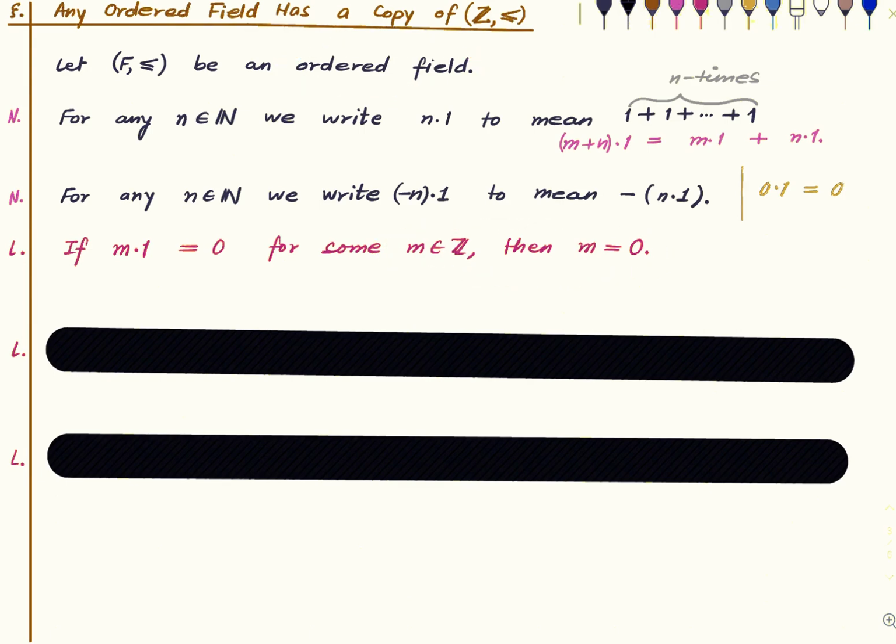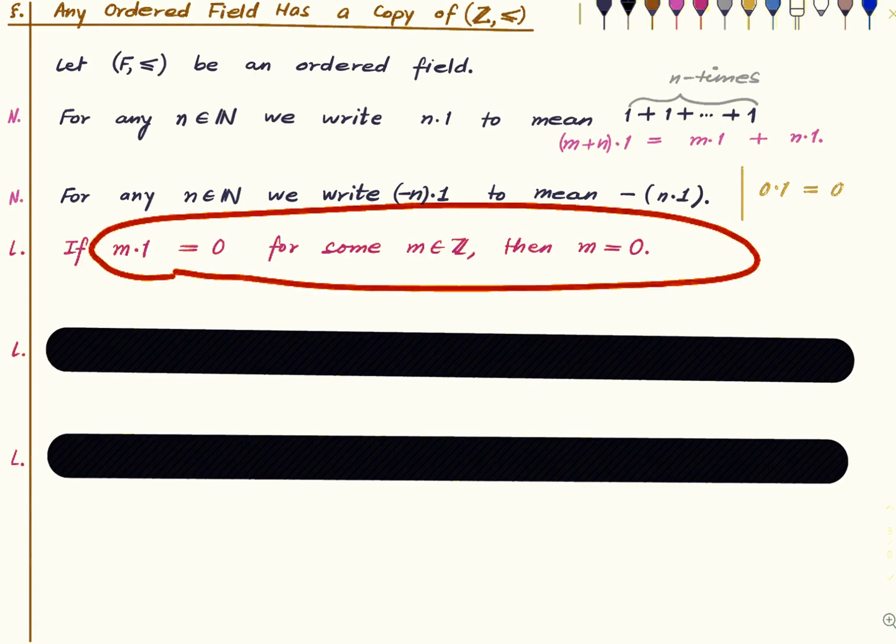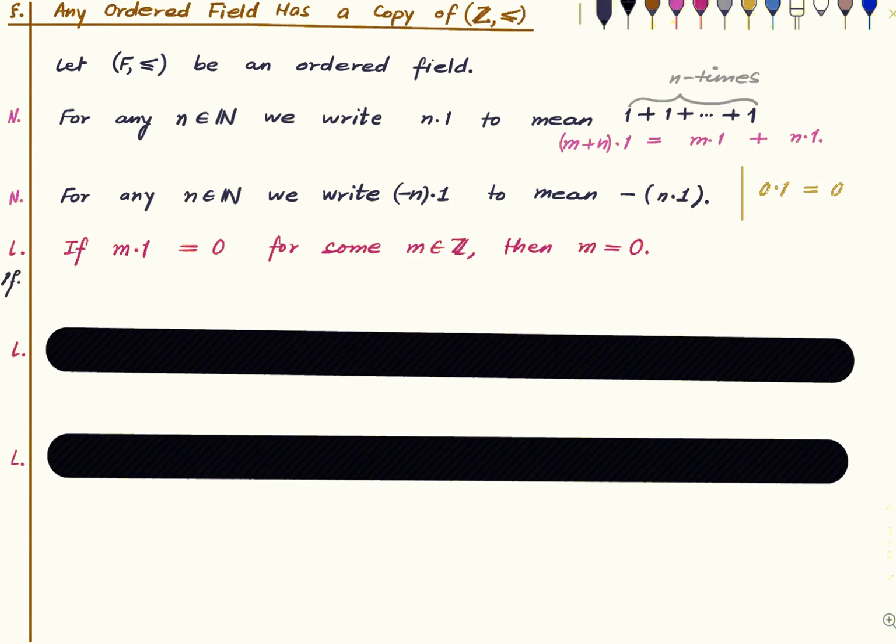In an arbitrary field, we haven't really seen any examples of fields, but we need the order property. So first assume that m is positive. I mean, we are proceeding by contradiction. So if m is a positive integer, then we know that we had shown one of the properties was that 0 is less than 1.